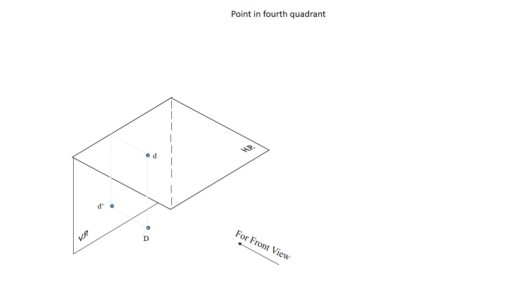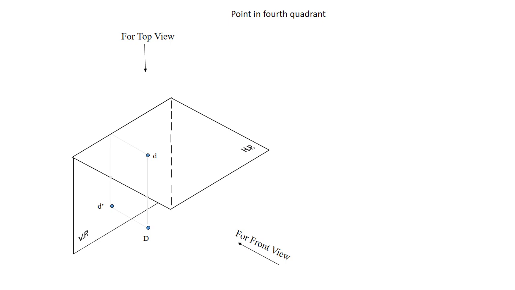We get the projection in the vertical plane as D dash, and in the horizontal plane we get the top view by seeing from the top side. This is the case when the point lies in the fourth quadrant.